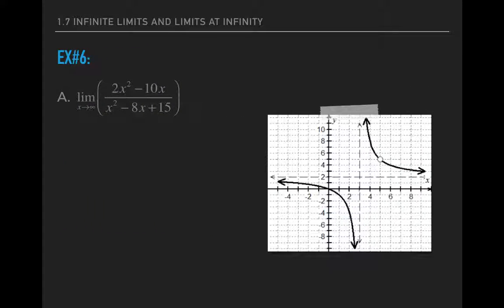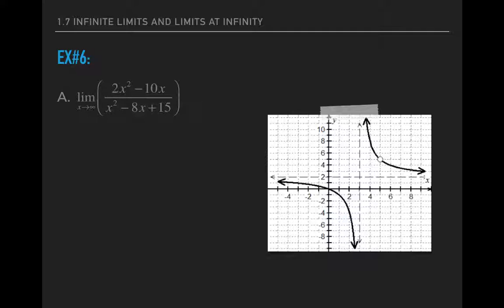If you look at example 6, the instructions there say divide every term in the rational expression by the highest power of x that appears in the denominator. Then apply the properties of limits to evaluate each piece to find the limit at infinity, which is our end behavior.